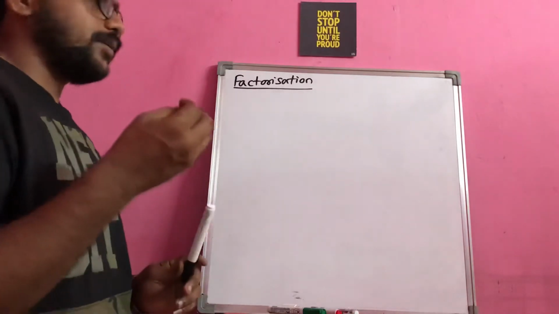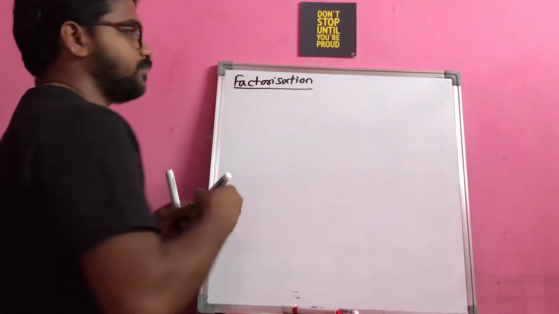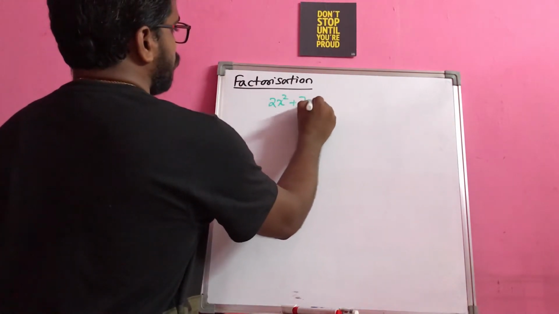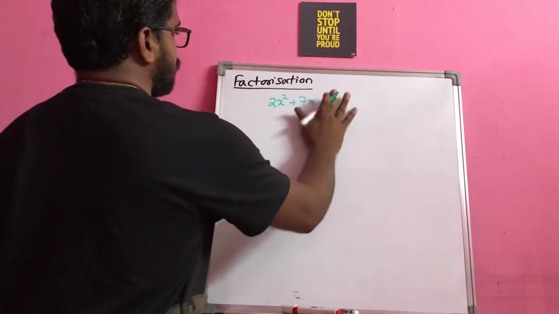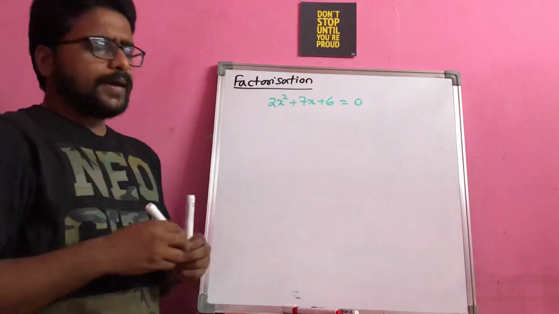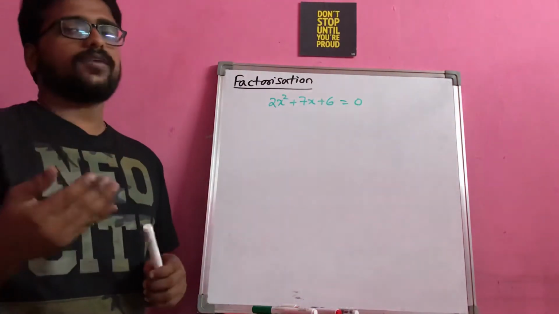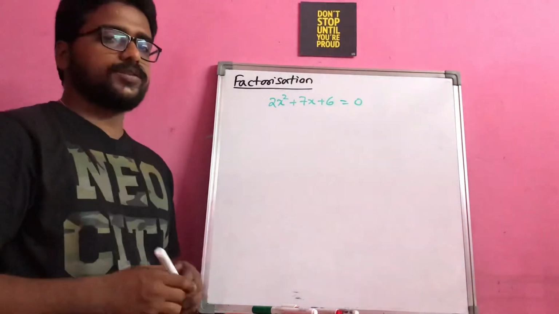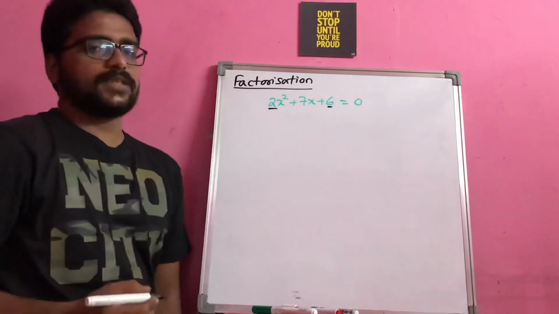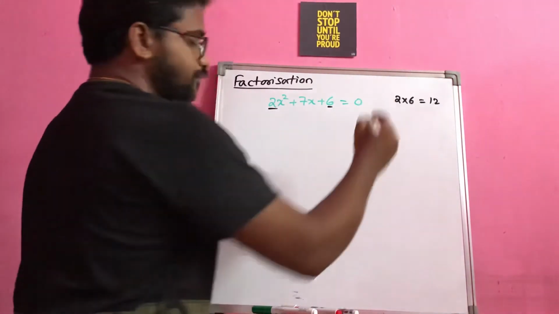First, let me start with a basic example that we are all aware of, and see how to simplify it. For example, if I have a question like 2x square plus 7x plus 6 is equal to 0. Basically, if rational numbers are involved, we have been learning from class 8 onwards that the same procedure is followed. First step, multiply the coefficient of x square and the constant, that is 2 into 6, which gives 12.